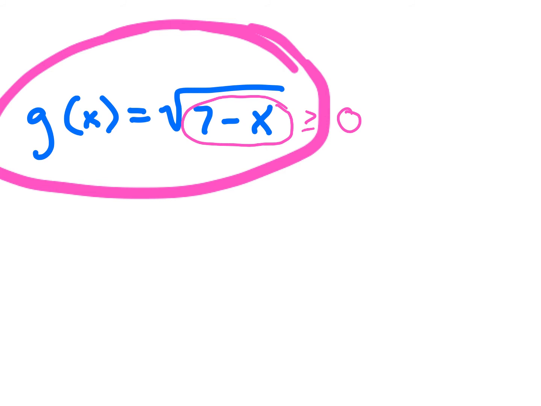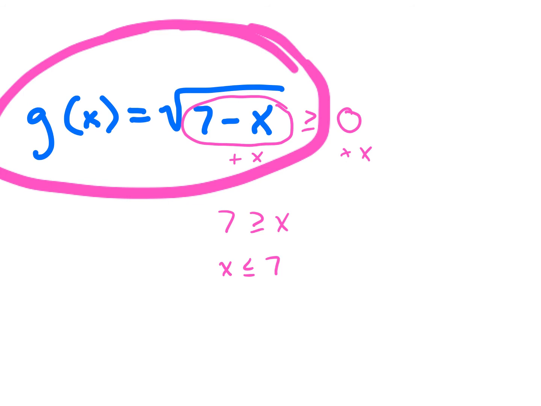We'll solve this inequality. Add x to both sides. So 7 has to be greater than or equal to x. In other words, x is less than or equal to 7. If I plugged in 8 here, what do I get? Negative 1. Can't have a negative, so that doesn't work. So x can be anything less than or equal to 7.